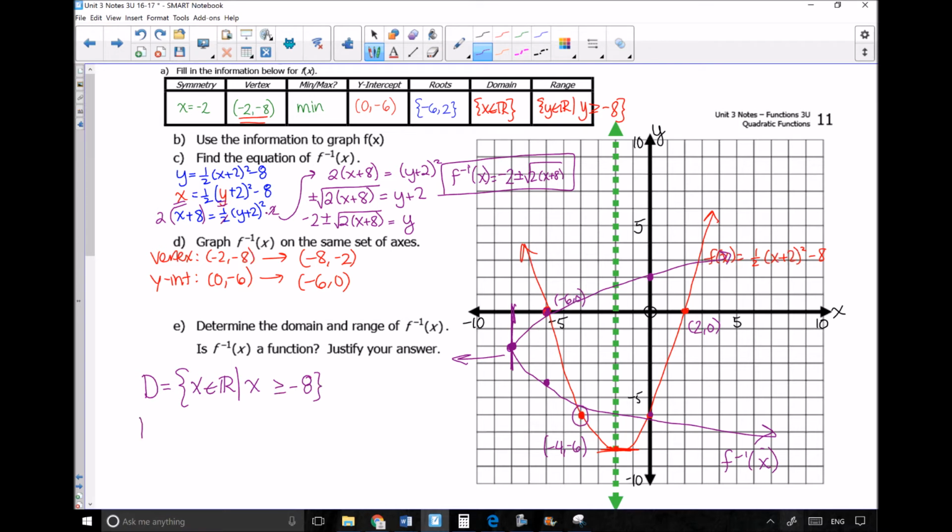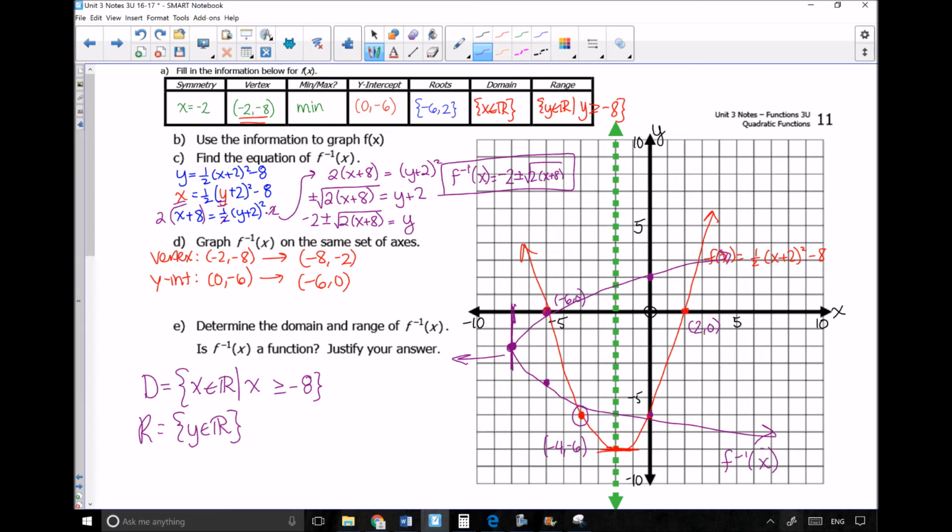Okay, and then for my range, if you notice right here, this goes on forever vertically down this way, and over here, this will go on forever up here. So therefore, my range is going to be y is an element of the reals. Notice how the domain and the range of the original function swapped with the domain and the range of the inverse function, which should make sense because x and y should always be opposites of each other.